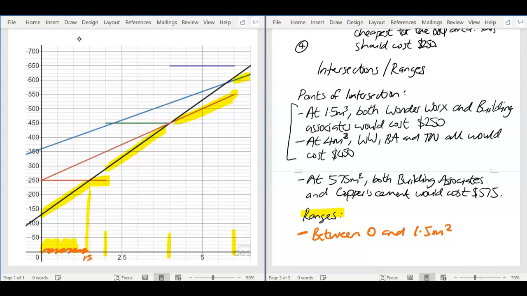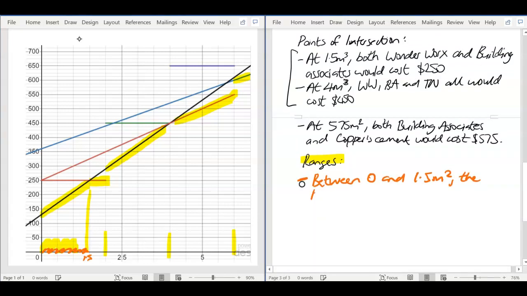So between those values, that building associates would be cheaper. The building associates would be the cheapest.